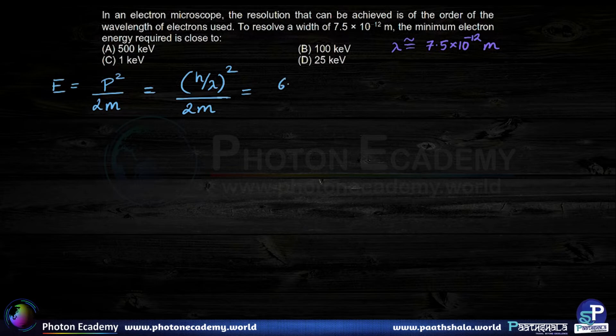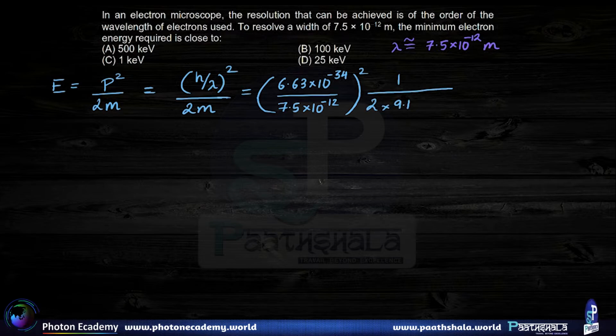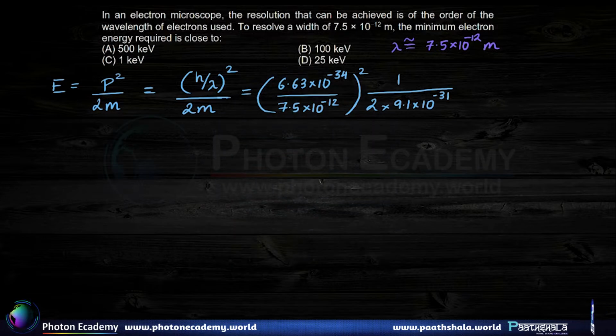So we get 6.63 × 10^-34 joule second divided by 7.5 × 10^-12, and the whole thing over here is going to get squared. Okay, so this is 1 over 2m, so this is 2 × 9.1 × 10^-31 kg. Now it is better to calculate in the last step, and we know that there is going to be one more step involved, because everywhere the energy has been given in kilo electron volts.